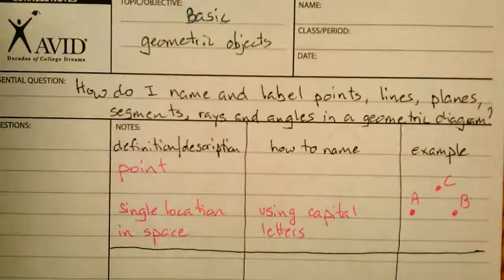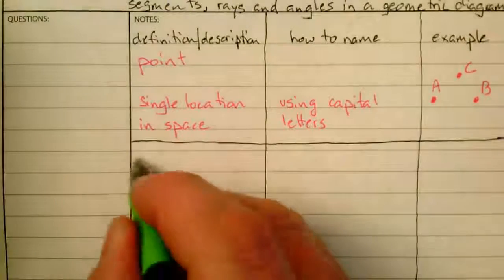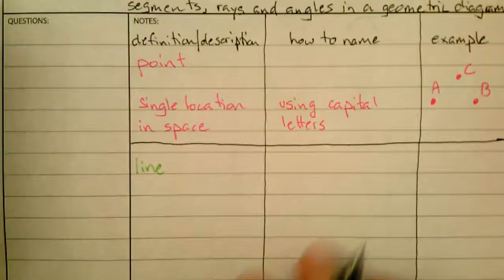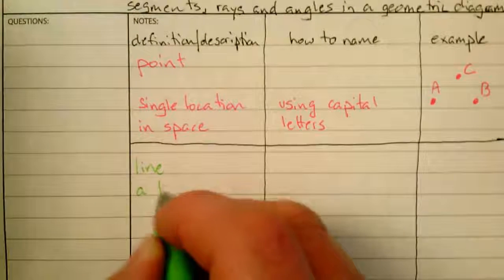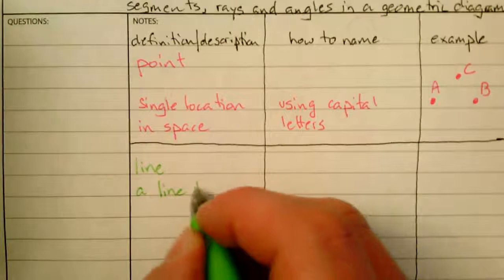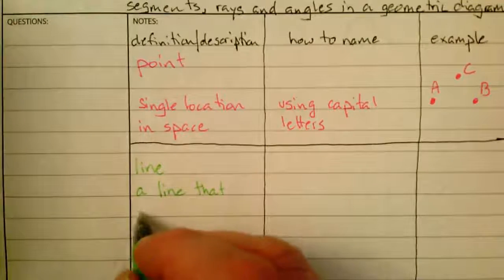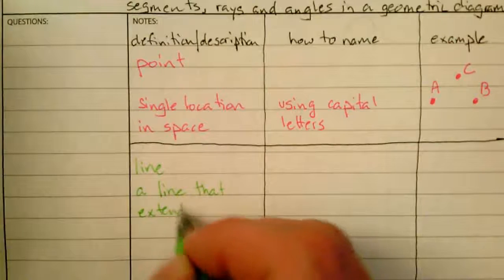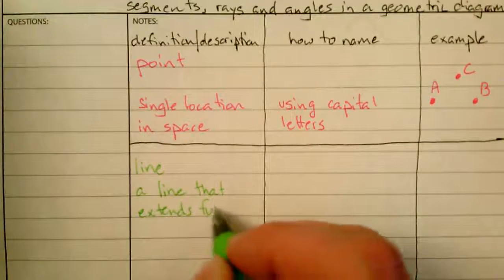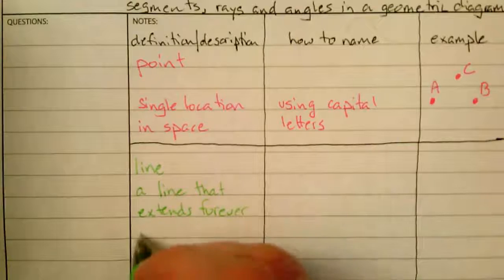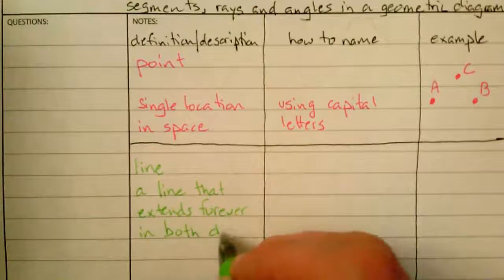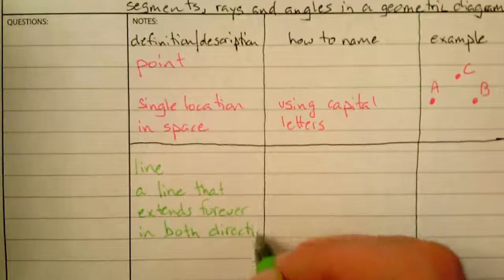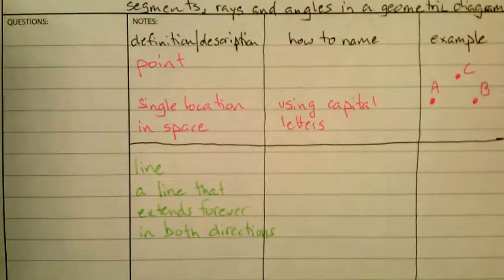Alright. Next, we're going to look at a line. Again, this is going to be more of a description. It is a line that extends forever in both directions.